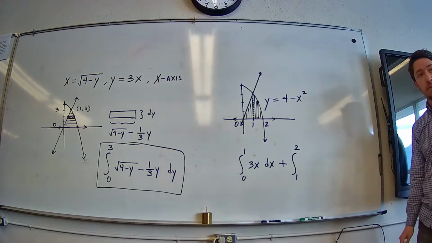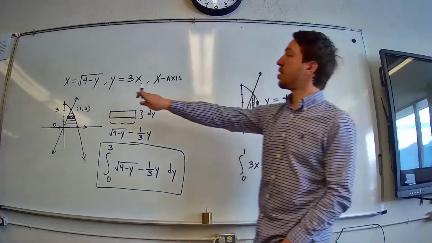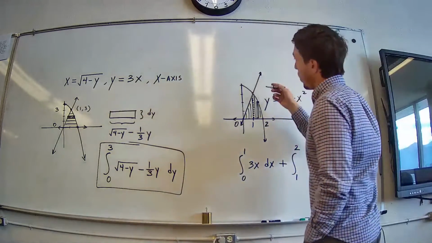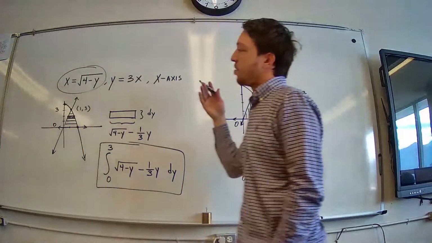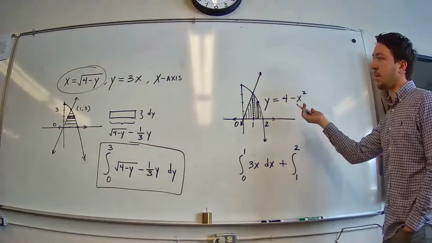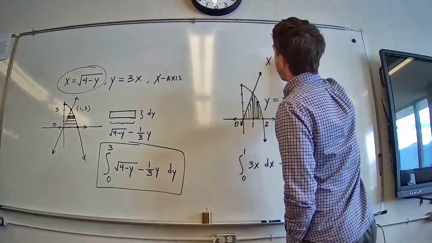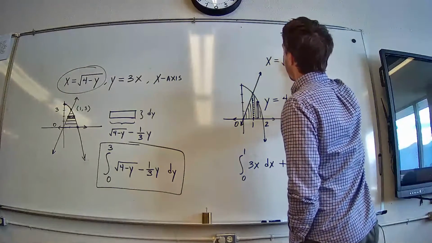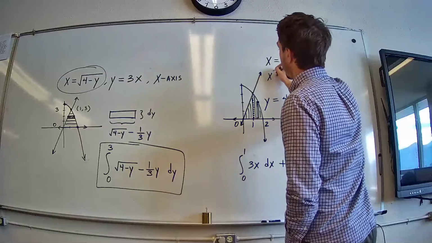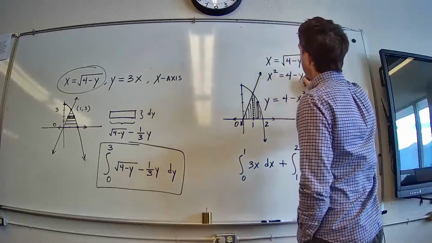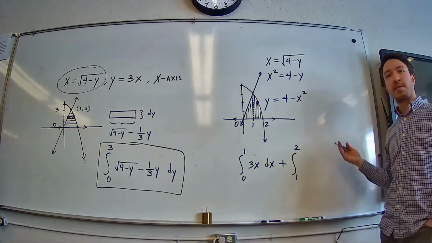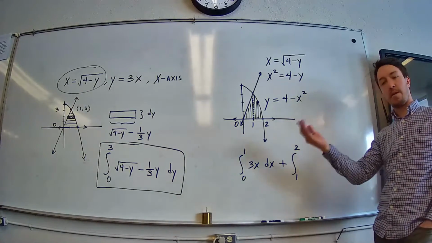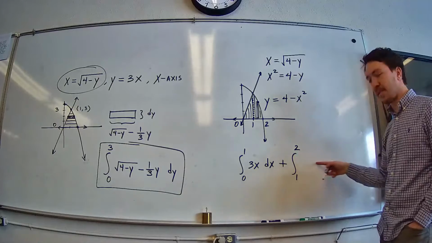Maybe. So I rearrange this. This equation tells me the relationship between the x and y value of any point on this curve. So if your x value is the square root of 4 minus your y value, I can square both sides and rearrange and say my y value is just 4 minus my x squared value. Why did I want to do that? Because I need x's in here, right?